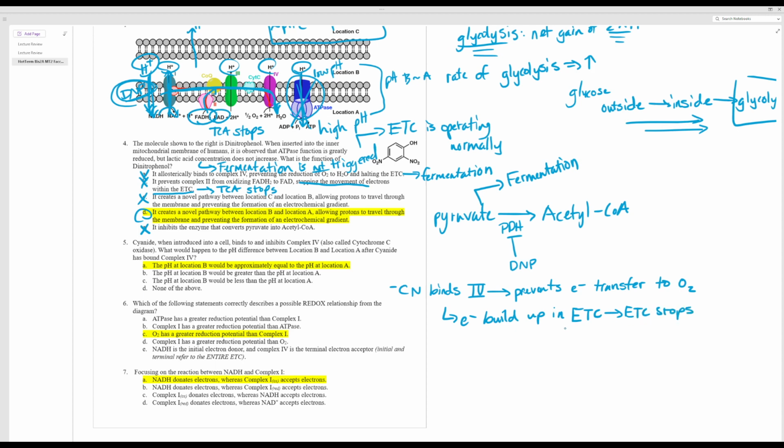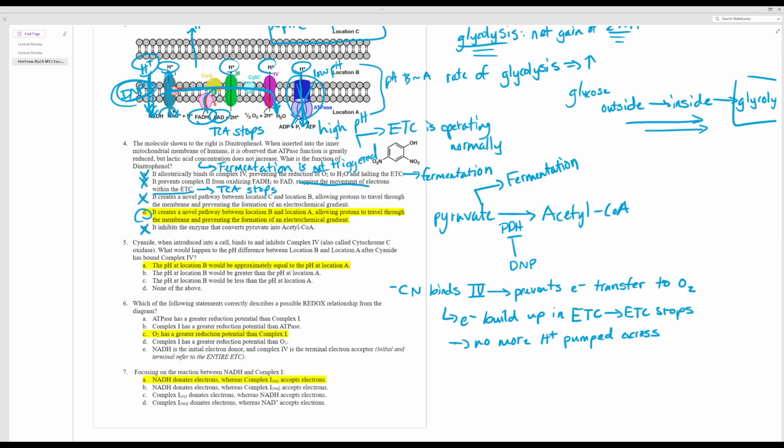And when the ETC stops, we stop getting this H plus being pumped across, right? So no more H plus pumped across, which means you have no force or no external input maintaining this electrochemical gradient. And so after time, the H plus concentrations at location B and location A should even out because you're no longer pumping protons across via active transport into location B to keep that concentration of H plus high.